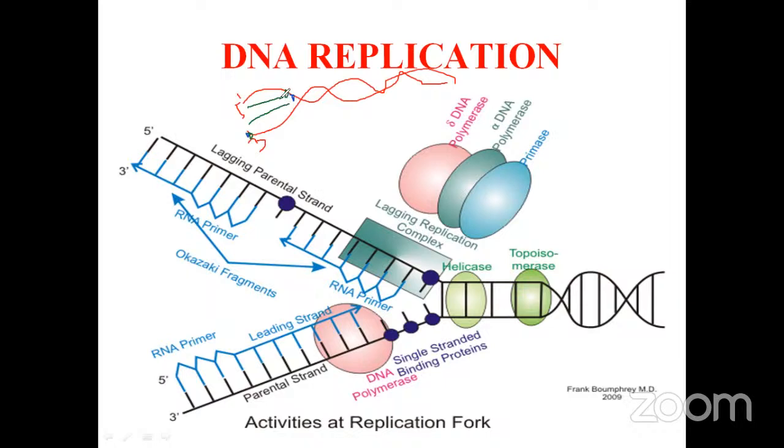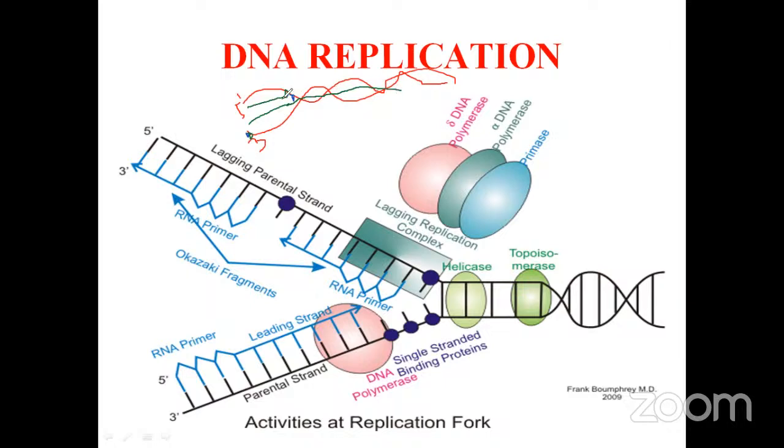After unwinding, the fork folds. Due to SSB and also helicase enzyme and gyrase enzyme, this fork is removed, and again this strand keeps going on continuously without breaking, along the entire parental DNA.